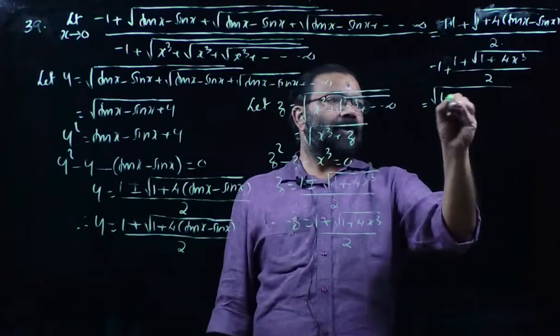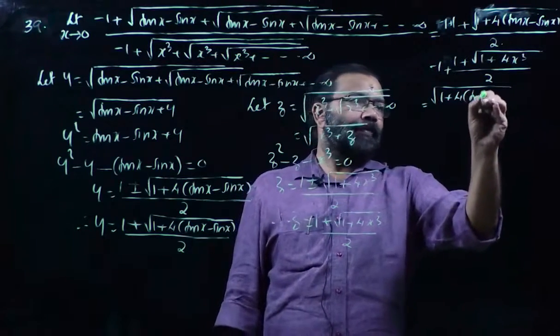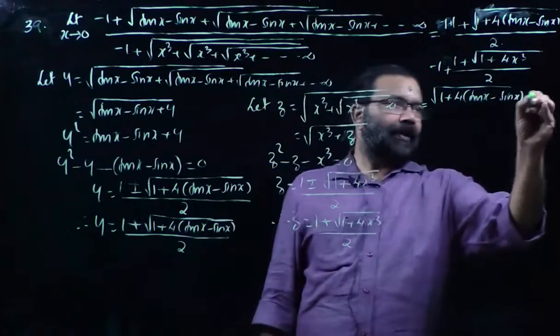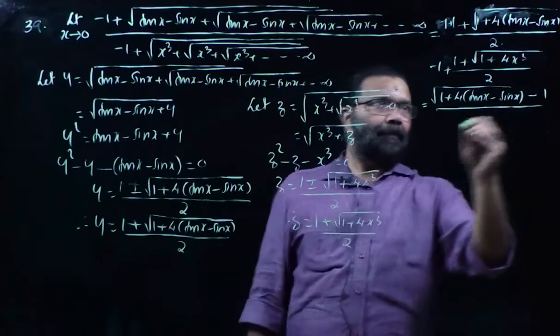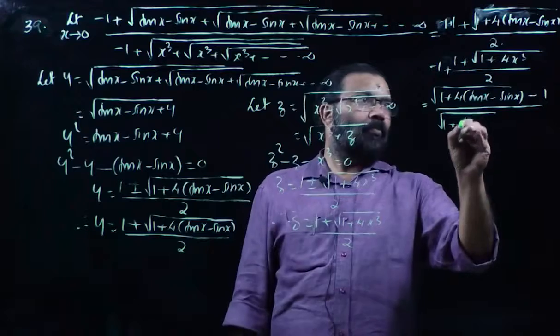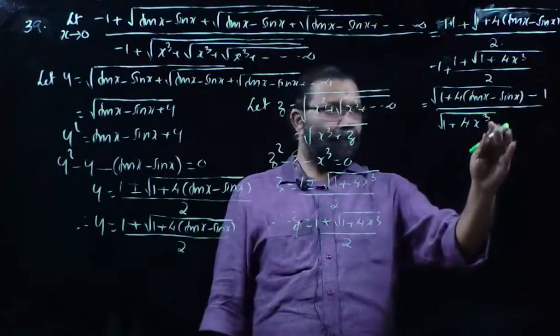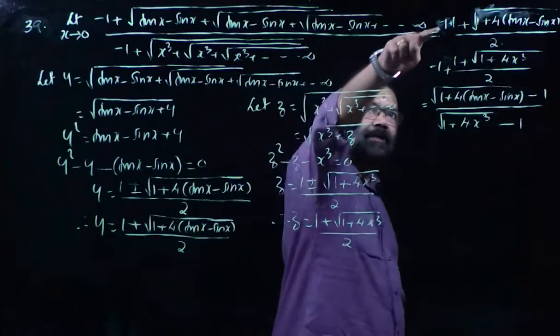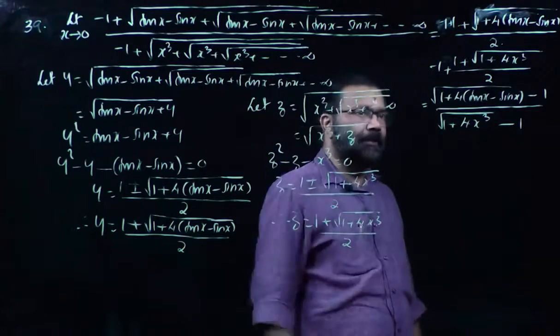So root of 1 plus 4 into (tan x minus sin x) minus 1, divided by root of 1 plus 4x cube minus 1. 2 gets cancelled. When you take LCM, here it becomes minus 2, here also it becomes minus 2.